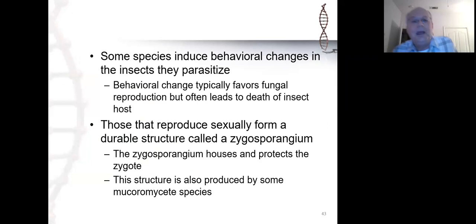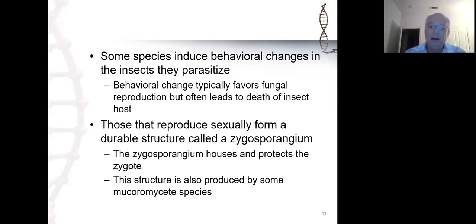Some of the organisms that they are known to parasitize amongst the animal kingdom are insects. And one of the interesting things that they do is secrete hormonal-like substances that alter the insect behavior. There are several pictures available on the internet of ants that have these little fungal fibers.